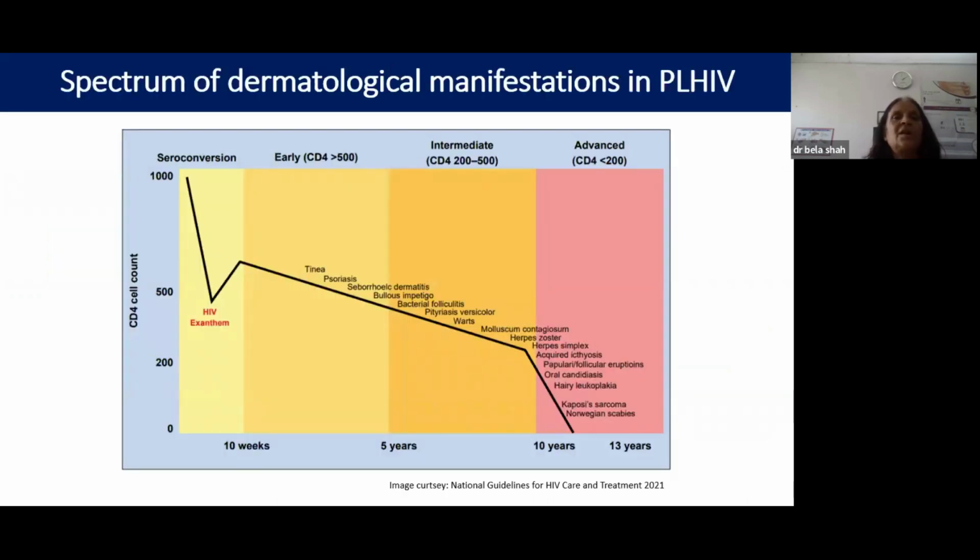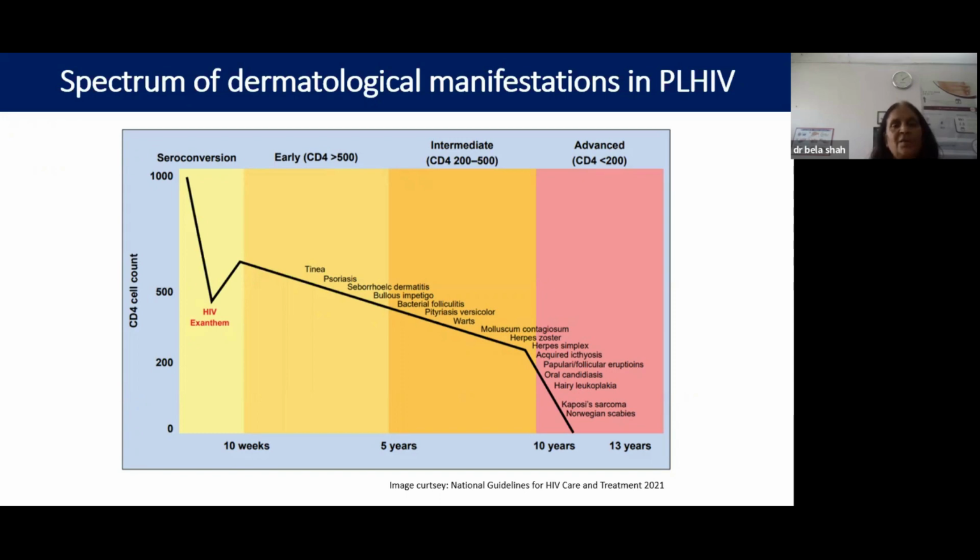This is the chart which takes us through the spectrum of skin manifestations seen in patients who are PLHIV. If you focus on the first block, when the patients develop seroconversion, they can develop maculopapular rash and the CD4 count goes down even below 500.